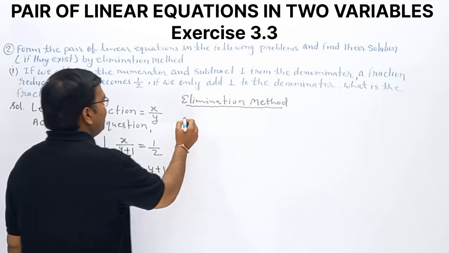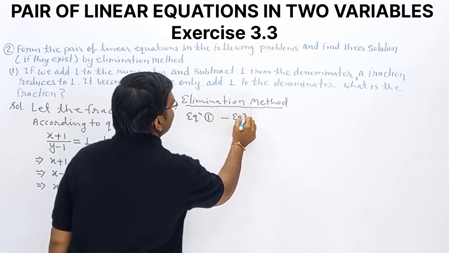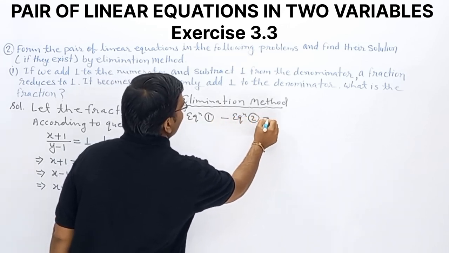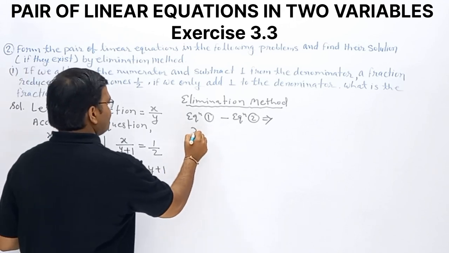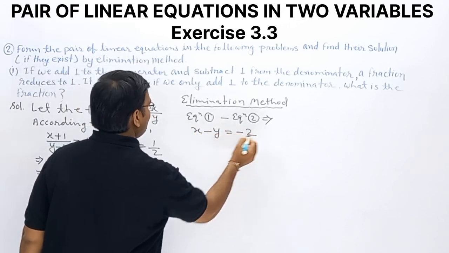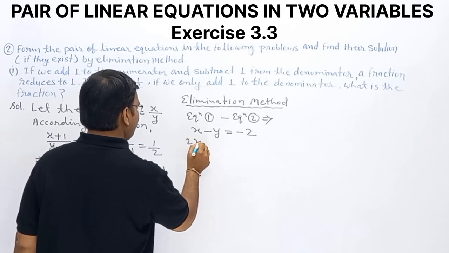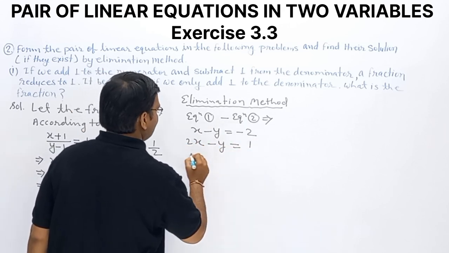So I am writing equation 1 minus equation 2, then what are we getting? Observe, x minus y equal to minus 2, and the second equation 2x minus y equal to 1.